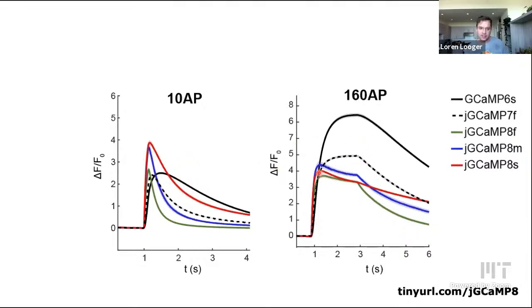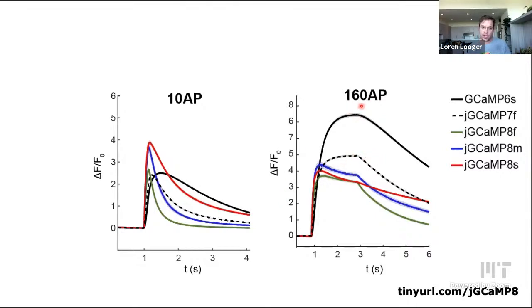One bad thing about the sensors is, there's no perfect sensor for every application. You want to have tools that solve most people's problems, but certainly from generation 6 on, we've started to make multiple flavors. So S is sensitive, F is fast, M is medium. A couple times we've had other flavors as well. With the GCaMP8 sensors, by the time you get to these really long spike trains, you're losing a bit of the dynamic range.